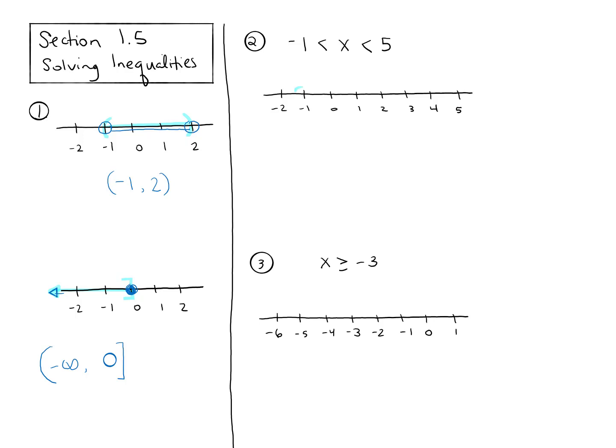We're going to put an open circle or a parenthesis, and at 5, we're going to put an open circle because those numbers are not part of it, because these are not equal. And we're going to do the interval in between these two numbers. How would I write that in interval notation? Well, we're going from -1 all the way to 5, and we're going to use parentheses for that open notation.